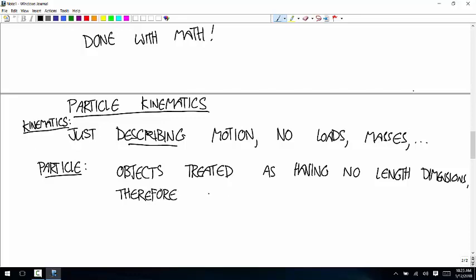So therefore, particles have no orientation. In some calculations, you don't care about the orientation, like in orbital celestial mechanics. For the most part, you just want to know where the center of the planet is. But in other engineering problems, like if you make a bridge that a car gets across, but when it gets to the other side, it's on its roof, then that's going to go over really badly.